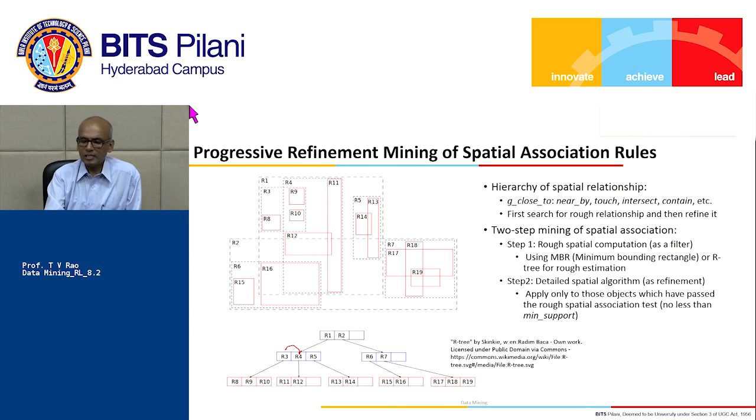This type of relationship can be determined using this R tree, which is a rectangle tree constructed using the minimum bounding rectangles. This can again be a hierarchy, or we can create a tree with multiple levels, many levels, and that will help us to efficiently mine the spatial data.